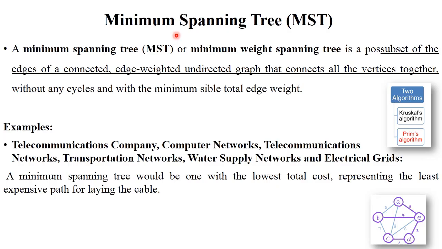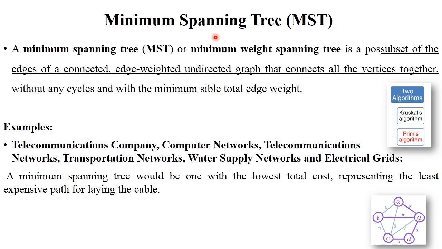Before starting the algorithm, the first point is minimum spanning tree. What is meant by minimum spanning tree? Minimum spanning tree simply means to find the shortest path between source and destination. This concept is called minimum spanning tree.